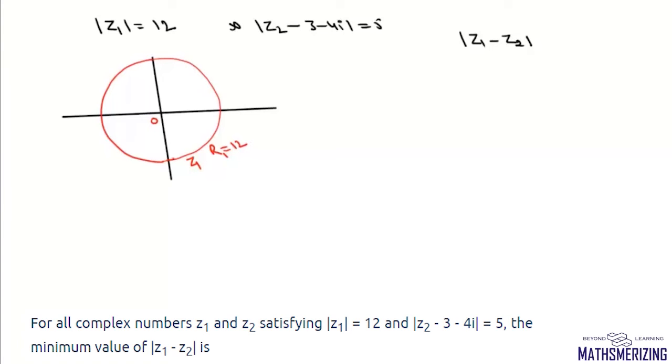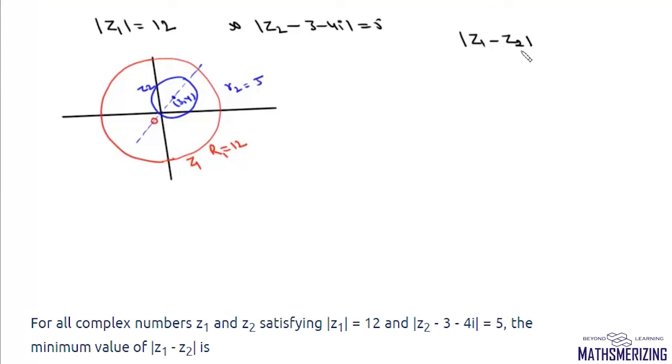And for the second one, we know that its center is at 3 plus 4 iota and its radius is 5. So it will be this circle with center at 3, 4 and radius equals 5 units, and this is your z2. Now we need to find the minimum and maximum value of mod z1 minus z2.